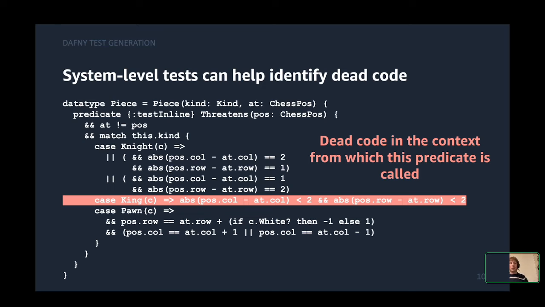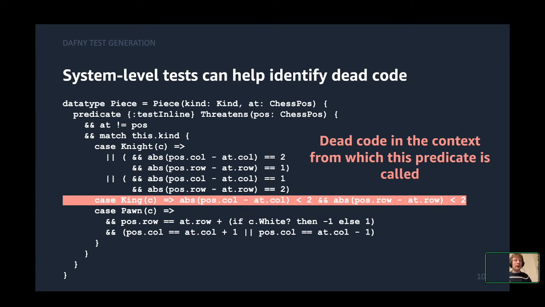So here you can see the predicate threatens that I've written as part of the chess example I mentioned before. And you can see here the line highlighted in red is dead with respect to the program because it talks about the way a king, the chess piece, can threaten different positions on a chessboard.